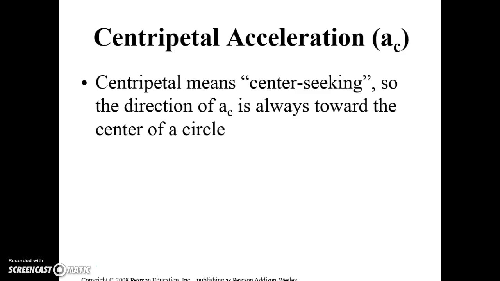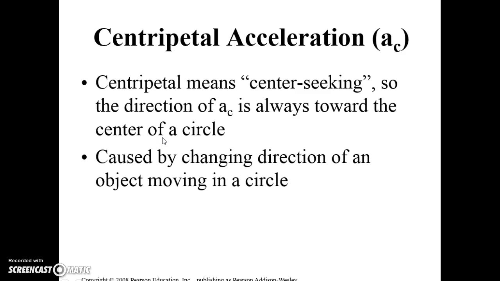It means center seeking, because in order for an object to move in a circle, it has to get pushed toward the center of that circle. It's caused by the changing direction of an object moving in a circle, and here is the equation for that. I believe this is on your formula sheet: v squared over r for centripetal acceleration. It is an acceleration, so it has the same units that we've been using for acceleration before.